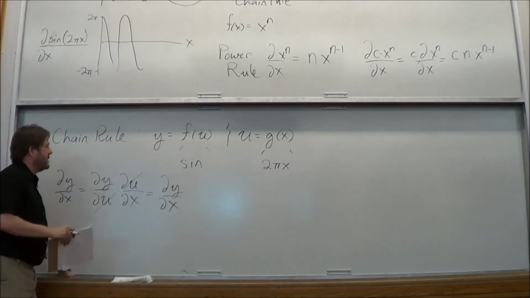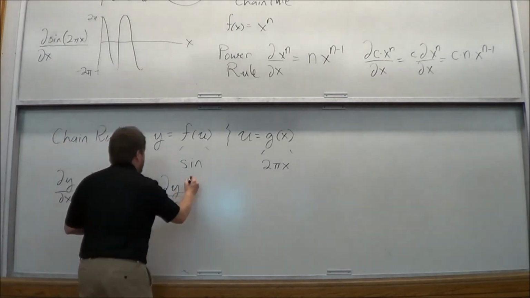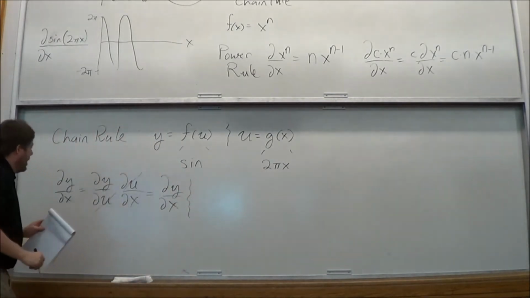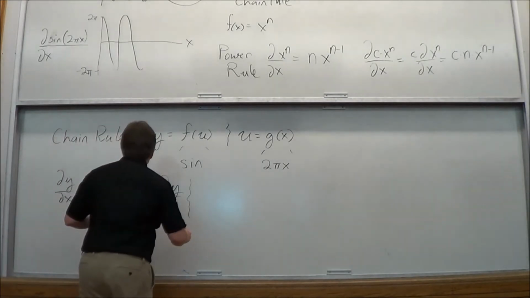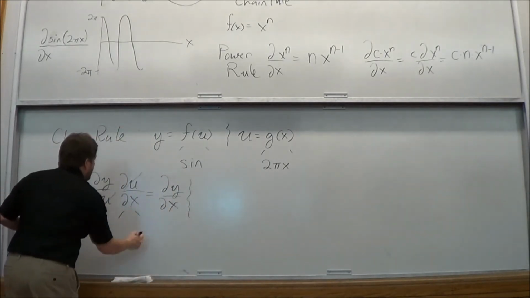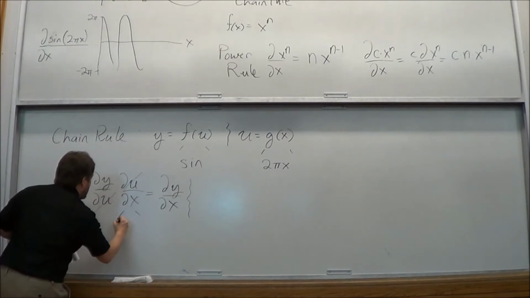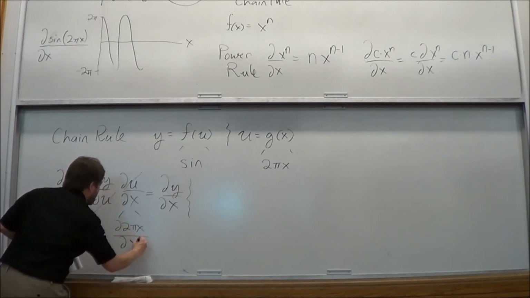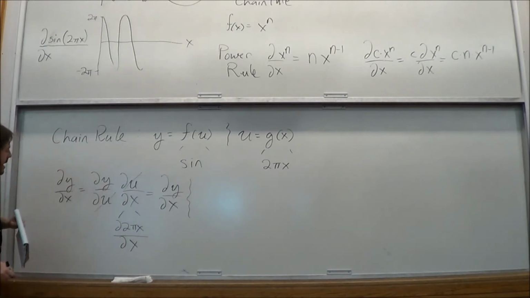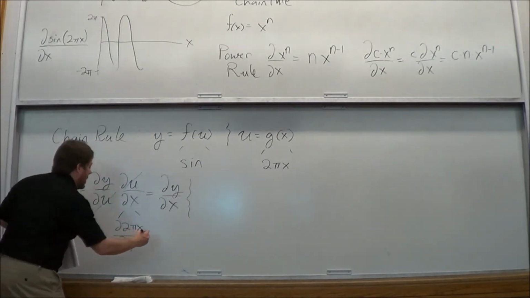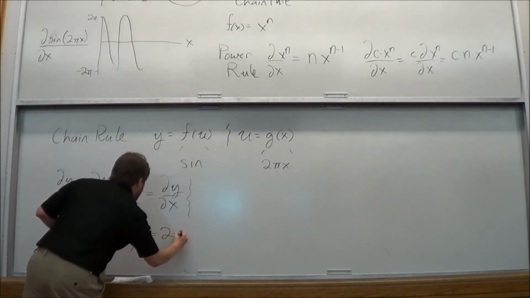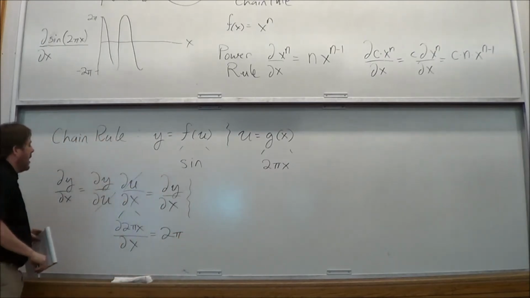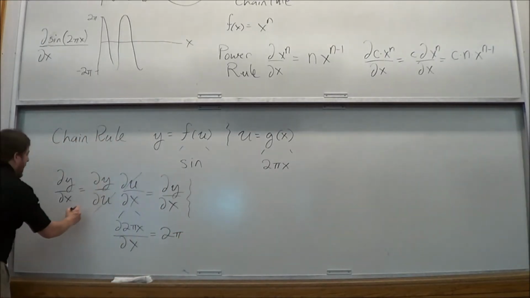Okay, now let's use the above right here. Okay, let's do this one first. This is the change in 2 pi x with respect to x. x to the 1 is now 1 times x to the 0, which is 1. The 2 pi comes out. Okay, so that's not bad. Let's do this guy here.